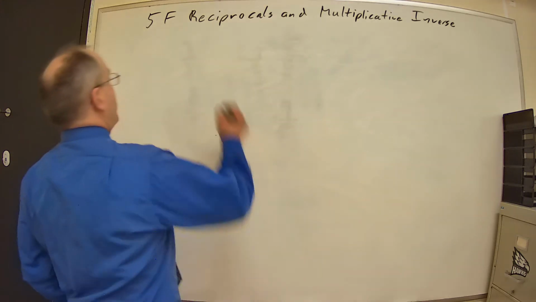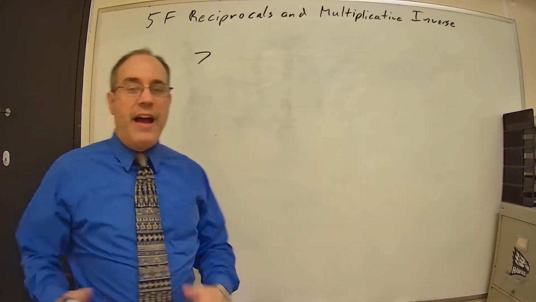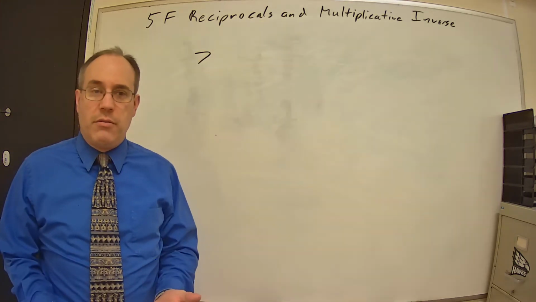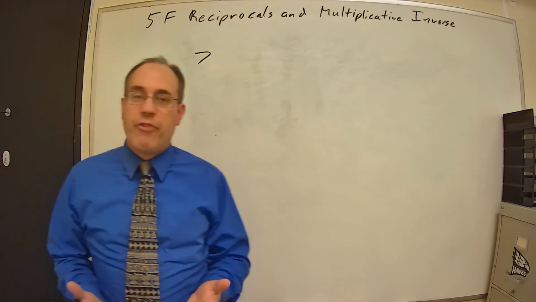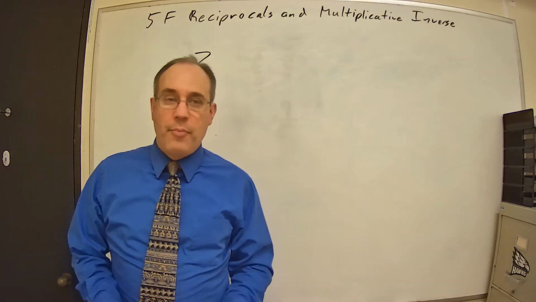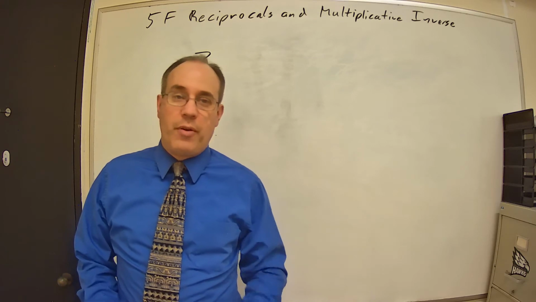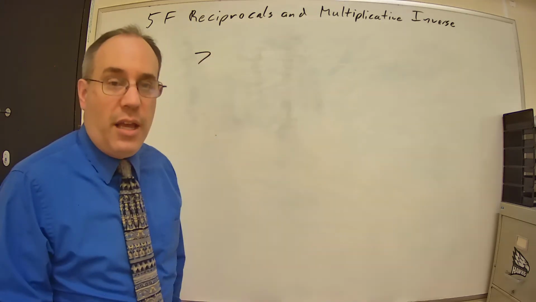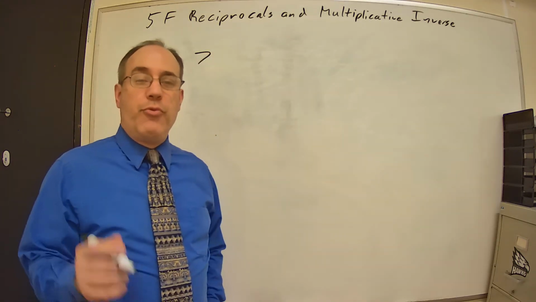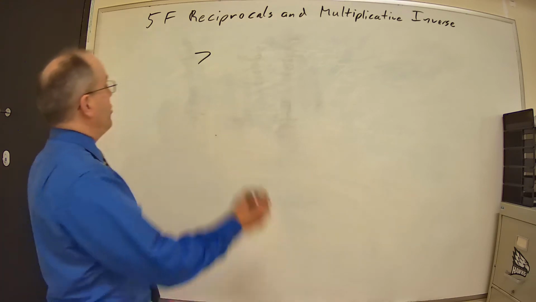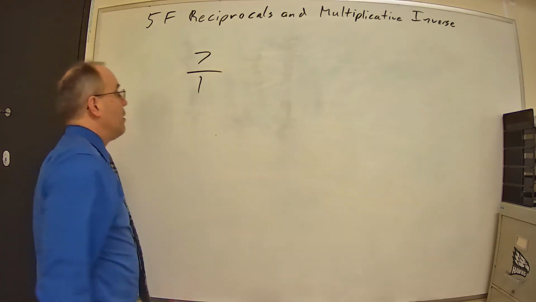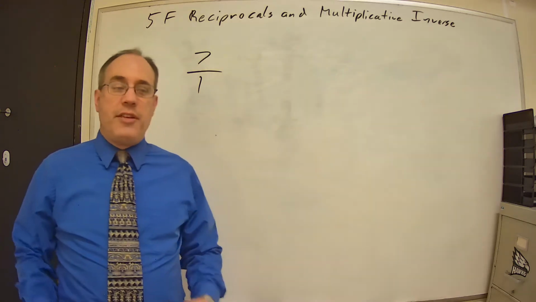So what if we're given 7, and I say find the reciprocal of 7? Mr. Davis, that's not a fraction. That's a whole number. How am I supposed to find the reciprocal of a whole number? Well, remember, any number can be written as a fraction by putting it over 1. 7 is the same as 7 over 1.